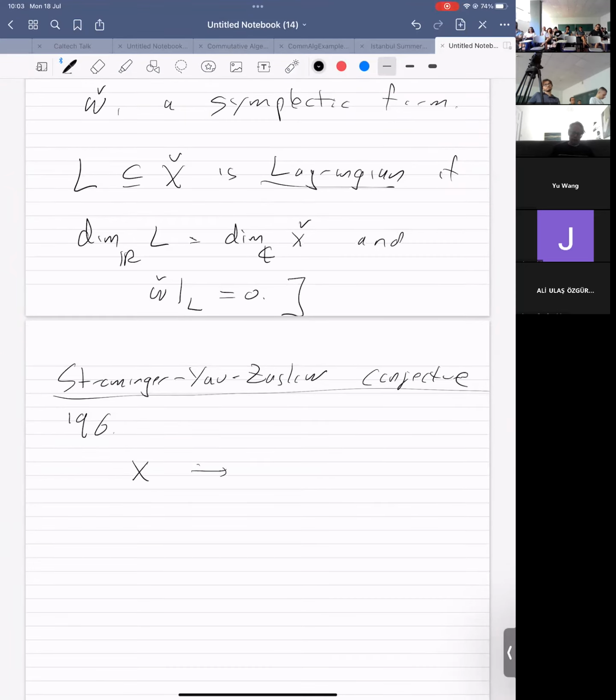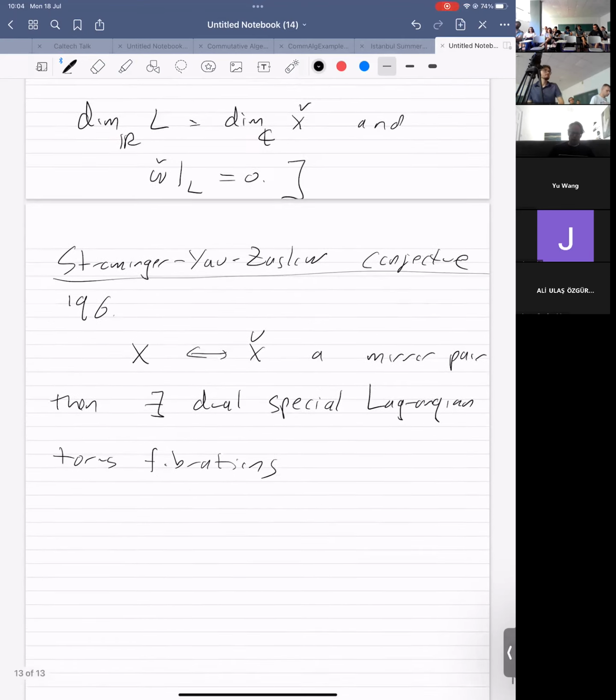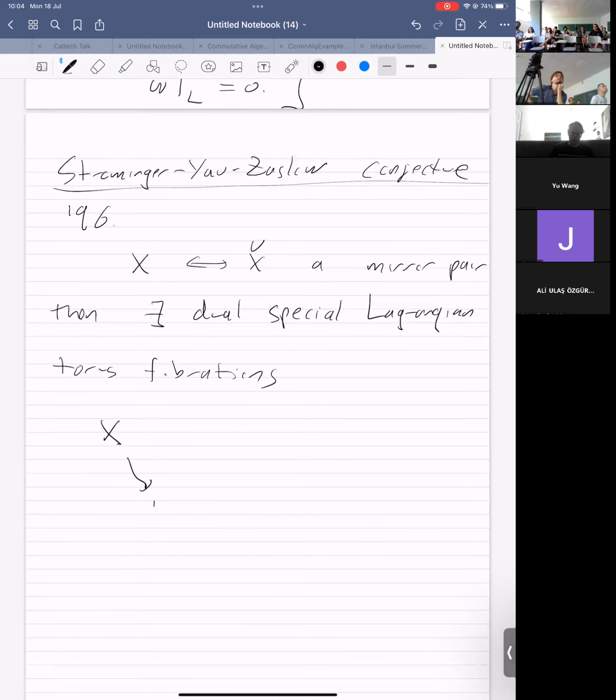And again, this says if you have a mirror pair, then there exist what we call special Lagrangian dual torus fibrations X to B, where B is some other gadget, and X check to B.